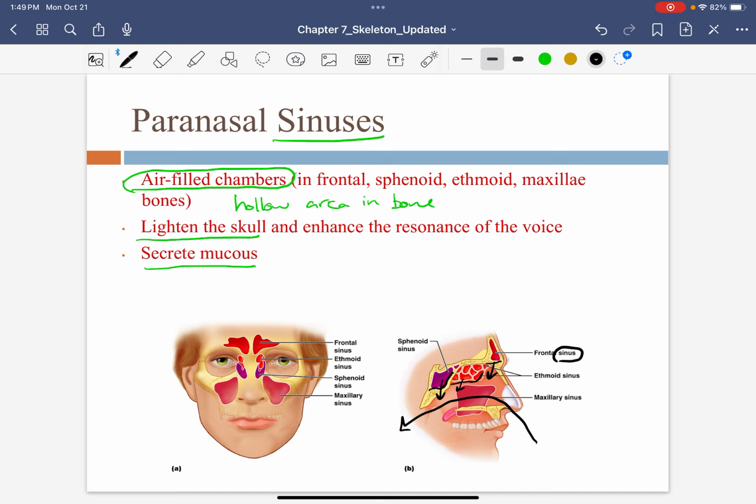If you've heard of a sinus infection, that would be when there's inflammation and/or infection in a sinus. Because there's so much filtration going on, the sinuses are going to be releasing more mucus in an attempt to combat whatever bad thing is coming in. So lightens the skull, secretes mucus. Hollow areas.